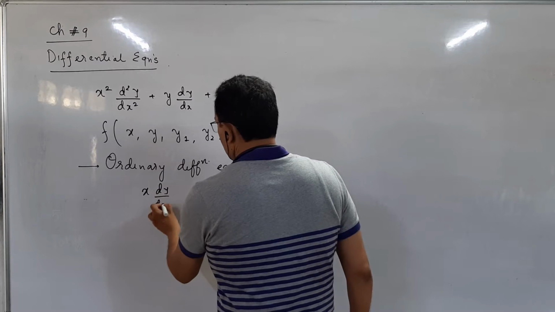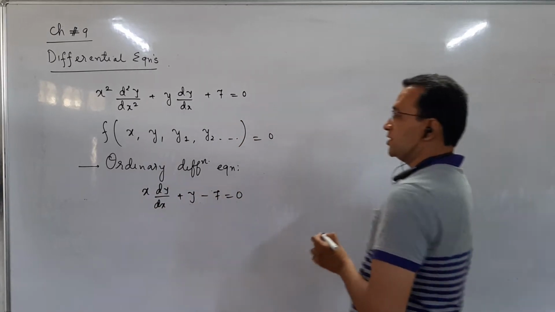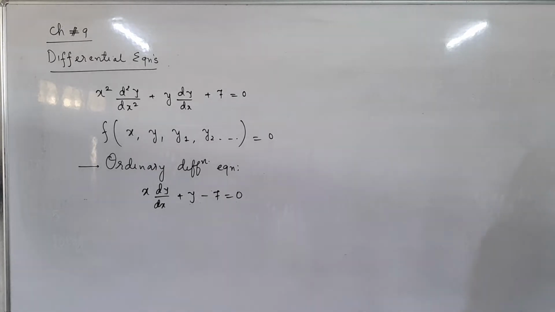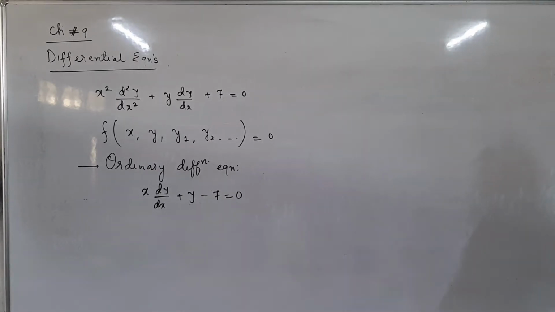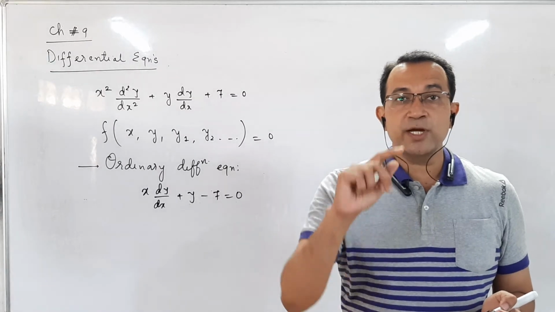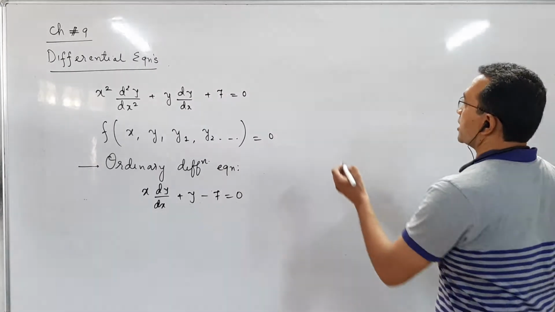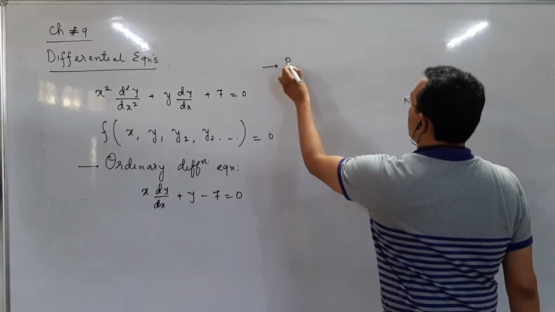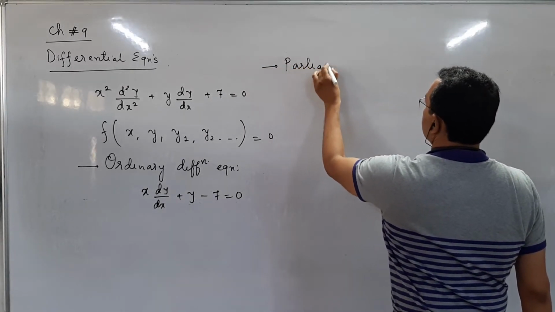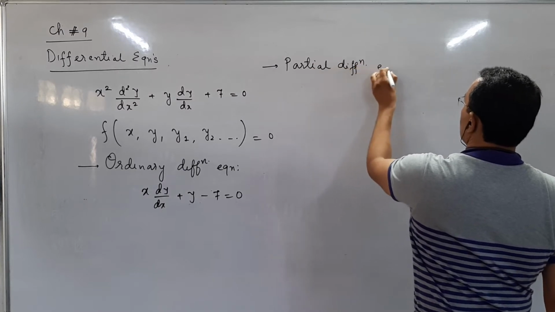So this differential equation is an ordinary differential equation: x dy by dx plus y minus 7 is equal to 0. Because here there is only one independent variable. A differential equation where derivatives of dependent variable y are considered with respect to more than one independent variable, such a differential equation, students, is called partial differential equation.